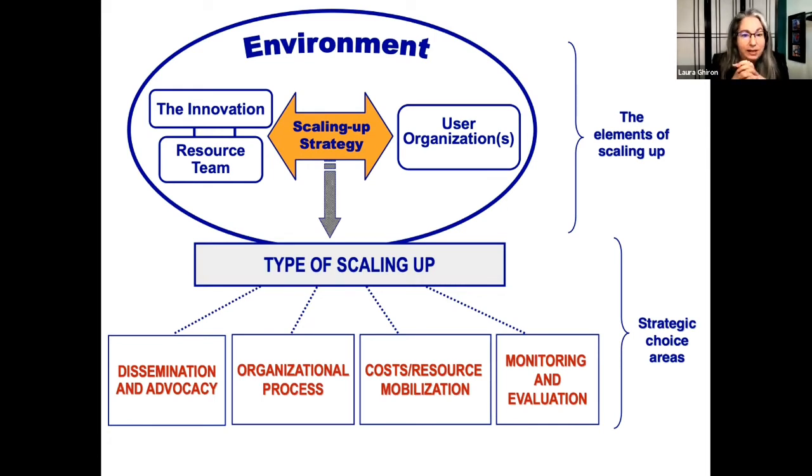All of that is laid out in the tools. But I am going to dwell a little bit on the innovation, because that's often what we're focused on, and the resource team and the user organization, because I think hearing a little bit about those will also set the conversation up for Charles and Alexis to share some of those experiences.